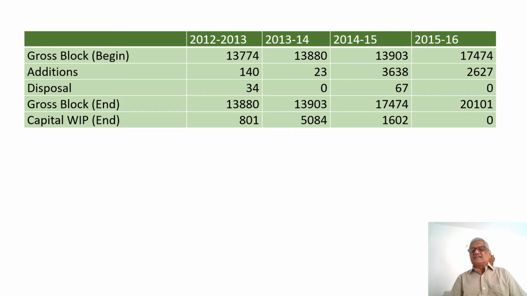That is, once it is completed, that part of the capital work in progress will get added to the gross block of the fixed assets. Now 1602 was a leftover that got added to that 174.74, that is included within the 26.27. So it has become 0 in the next year.